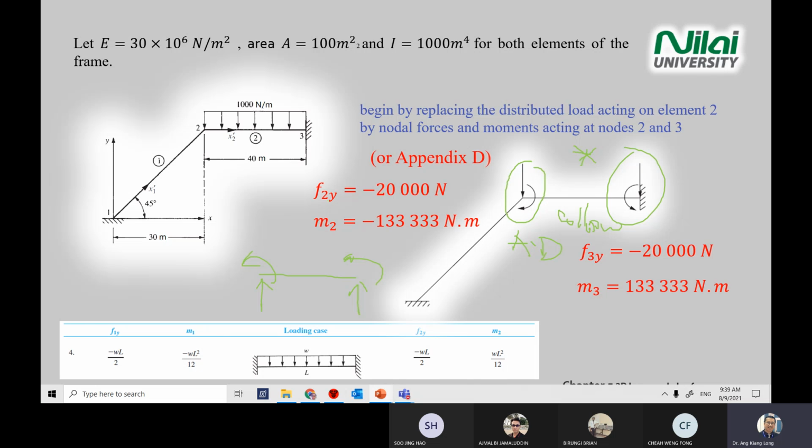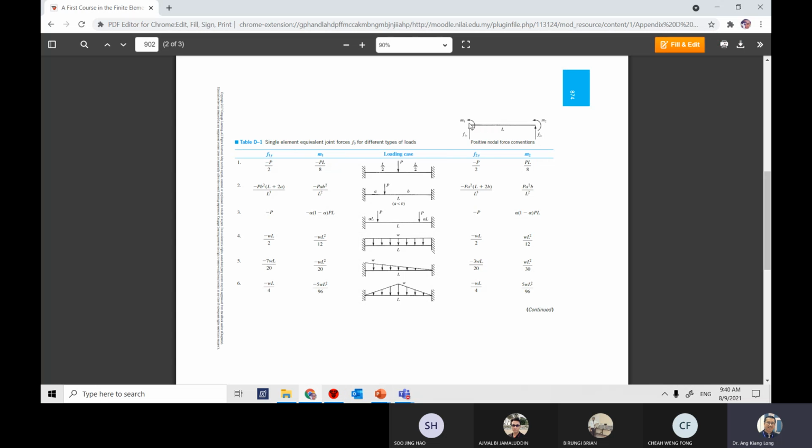Because the magnitude for F2y, M2, M3y, M3, I'm using the one I carry forward from the previous steps where you see negative sign here. So if you already converted the direction, it means you will always stay positive. So if you're still using the negative sign, please follow the Appendix D diagram, this one. Okay, please follow this one.